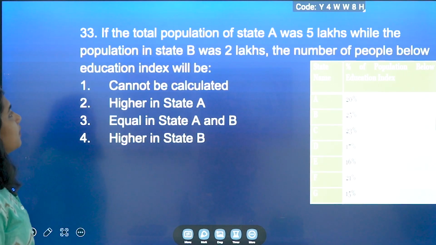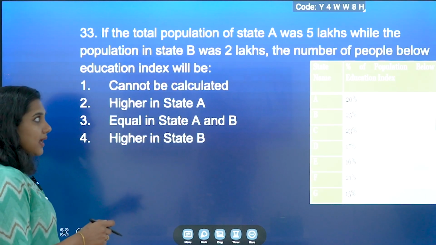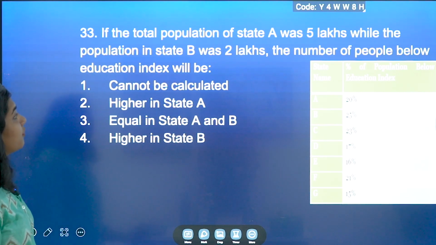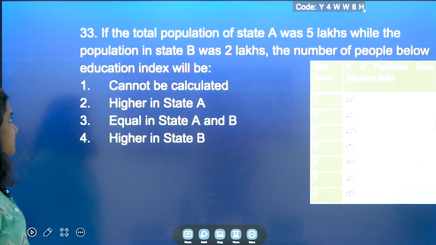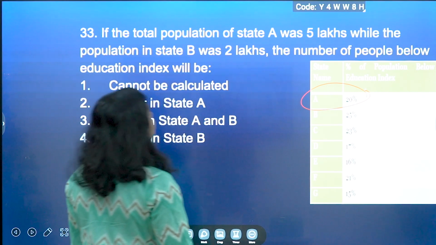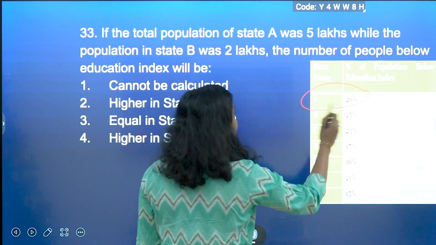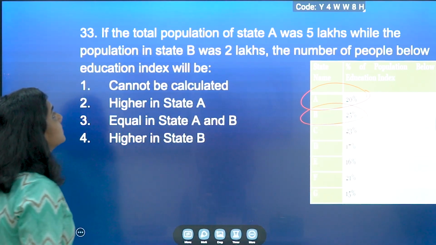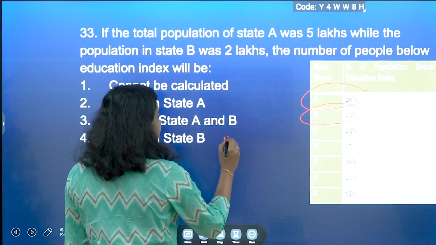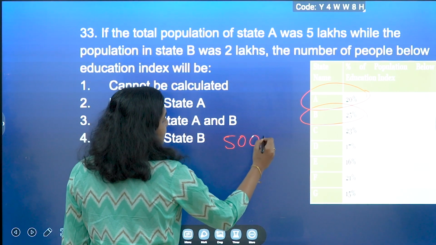Yes, if the total population of state A was 5 lakhs while the population of state B was 2 lakhs, the number of people below education index will be. So for state A it is 20% and for state B it is 25%, and state A is 5 lakhs. Okay, 5 lakhs.